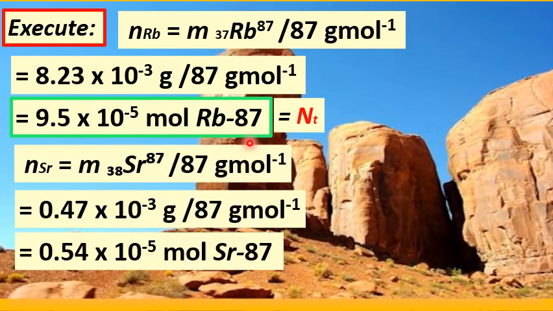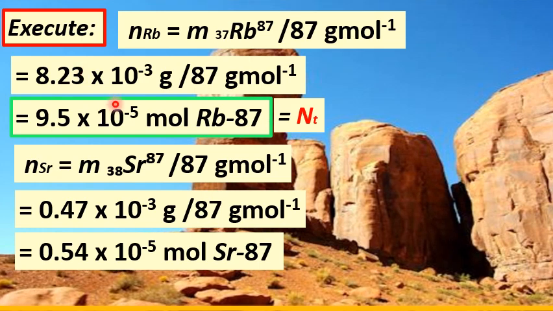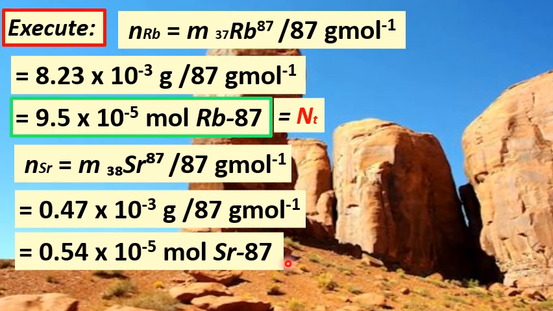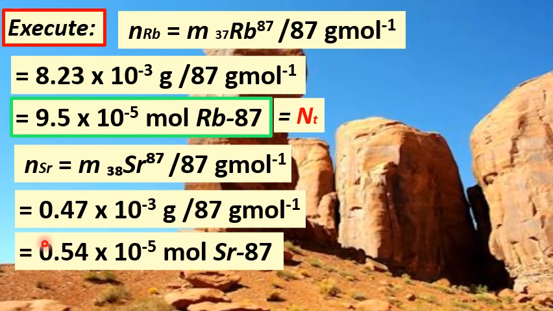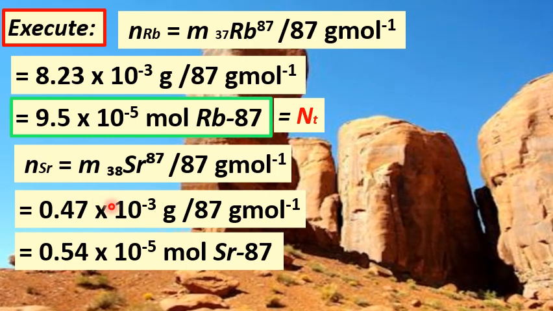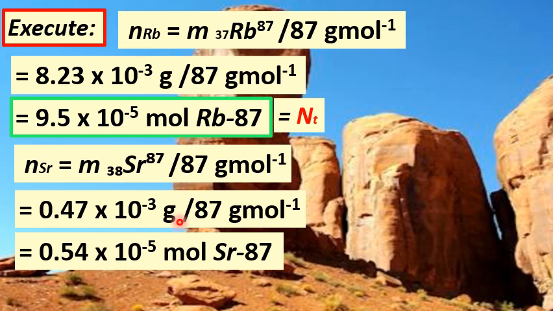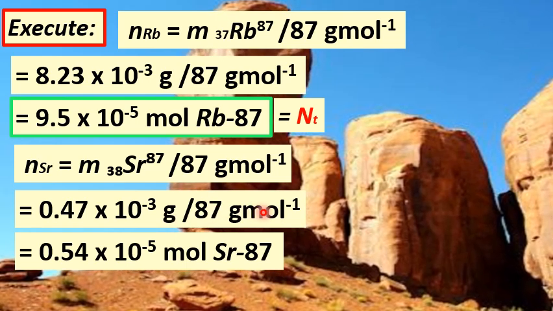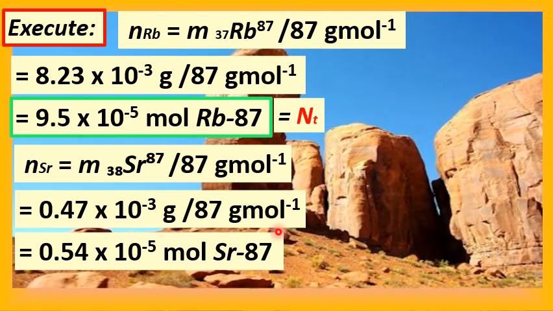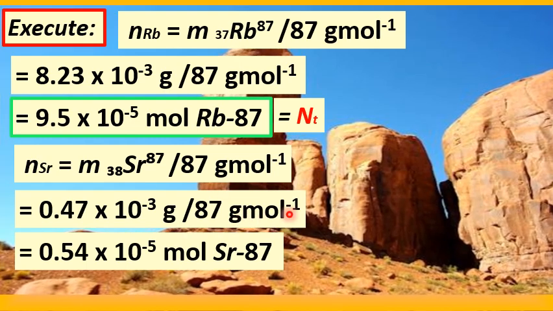And for strontium, its mole equivalent is equal to 0.47 times 10 to the negative 3 grams divided by its molar mass, which is 87 grams per mole.